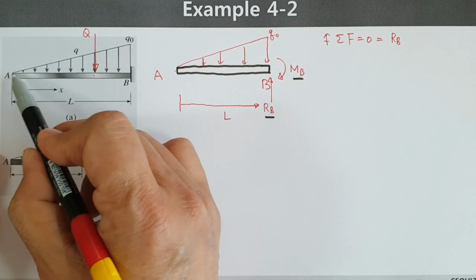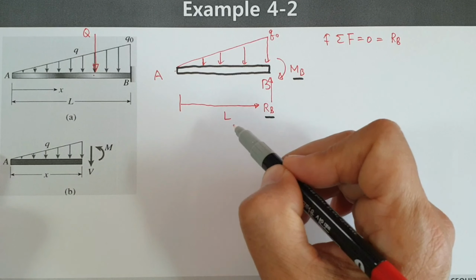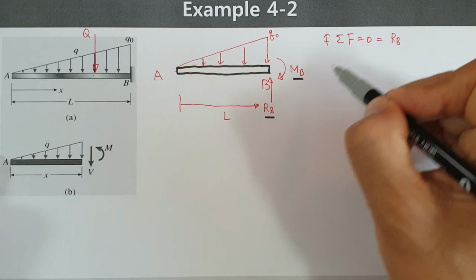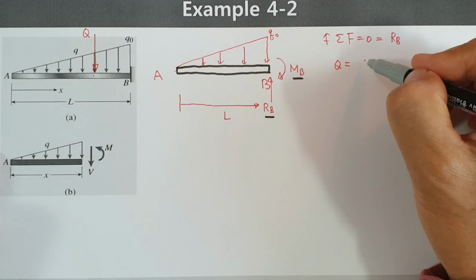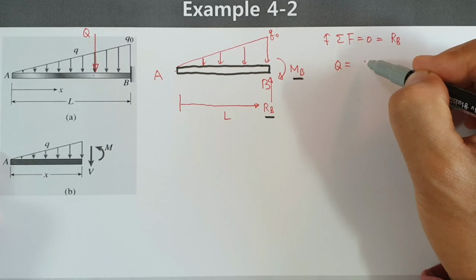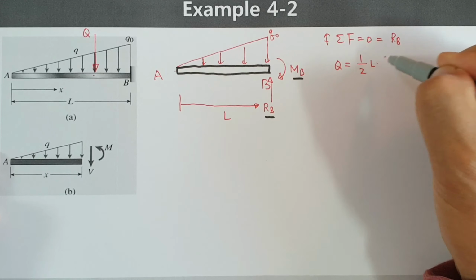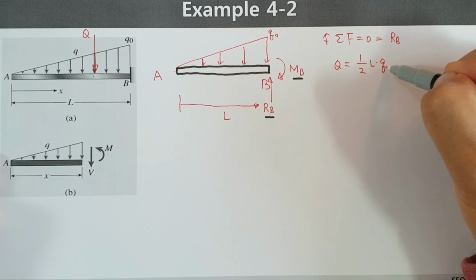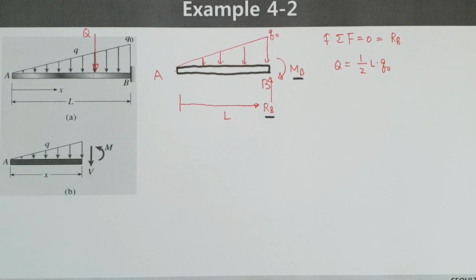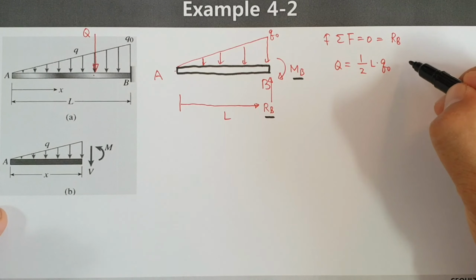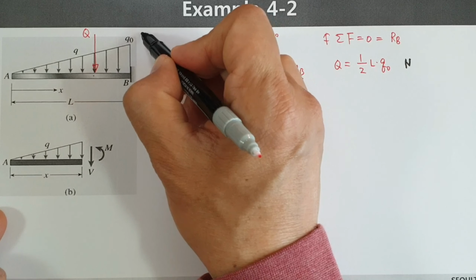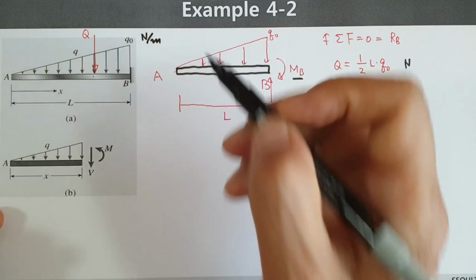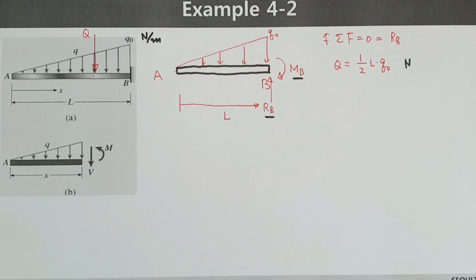We can calculate Q as the area of a triangle: Q equals 1/2 L times Q0. Maybe Q is written in Newton, not Newton meter. Normally Q0 is expressed in Newton per meter or millimeter. Normally distributed load is expressed in Newton per meter.